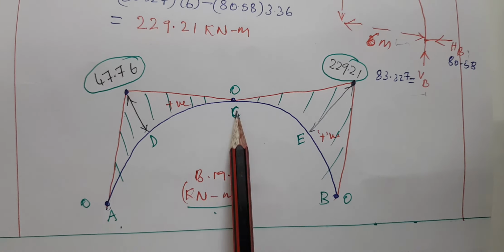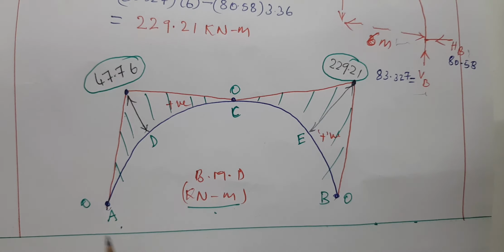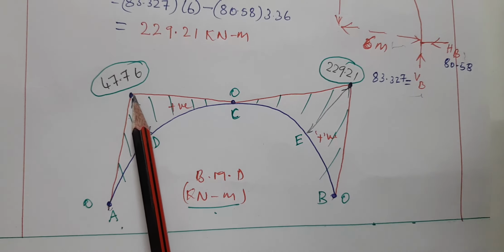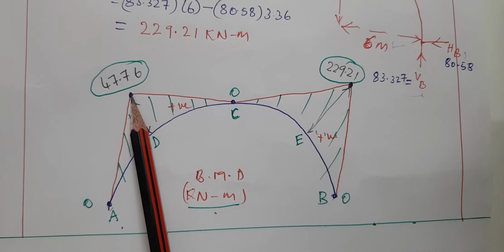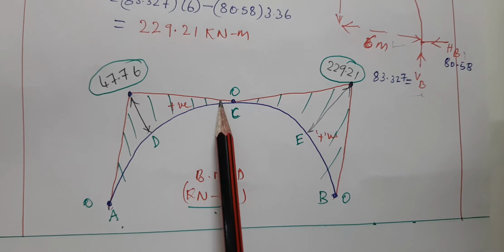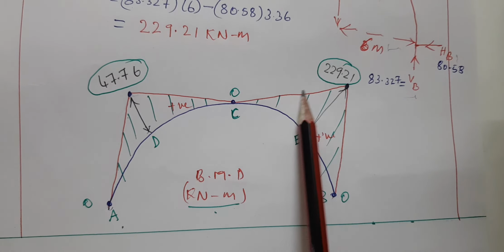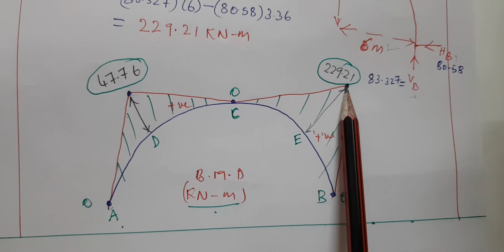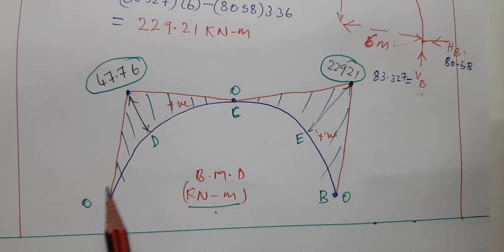We know at A, C and B the bending moments are 0. So from 0 to 47.76, then it reaches 0, then 229.21, then it reaches 0, and all the lines are inclined because the loads are point loads.